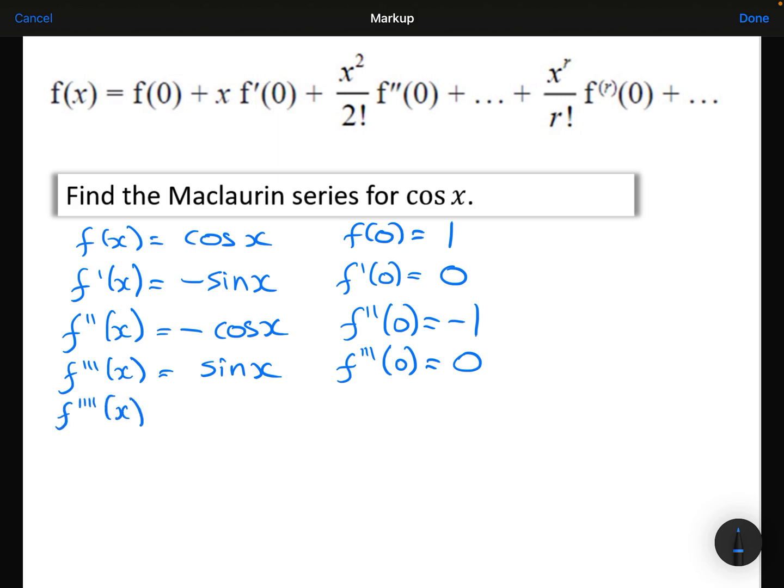Differentiating for the fourth time, sine differentiates to be cos. Substituting 0 into that will give us 1. And actually, you can probably see at this point, this is just going to oscillate now. It's just going to cycle between these things because we're back where we started from. Anyway, let's apply all of what we've just seen to this rule at the top here, to the Maclaurin expansion.